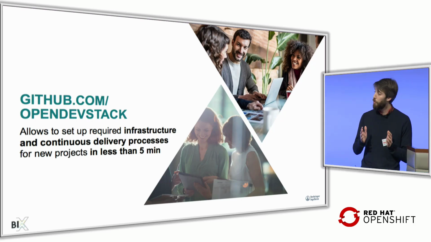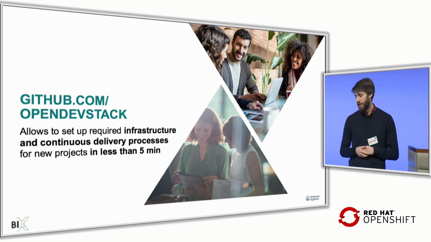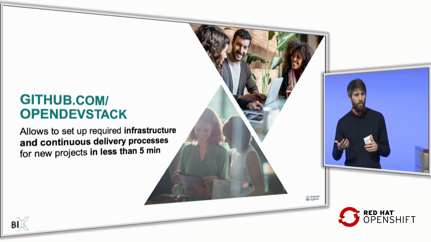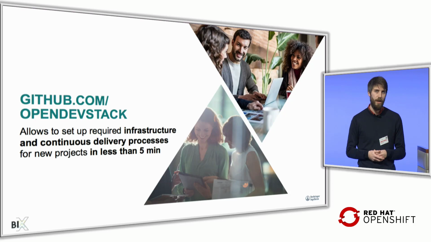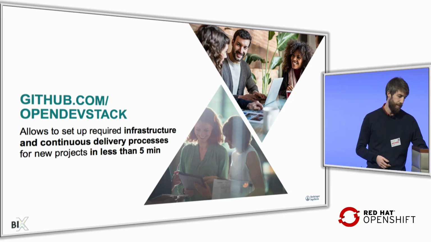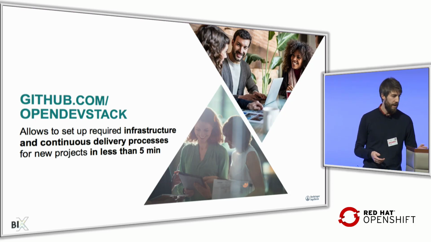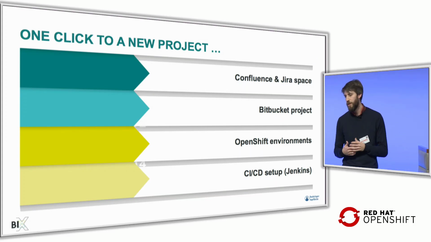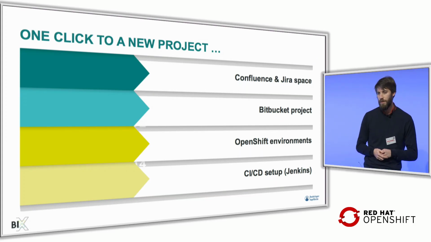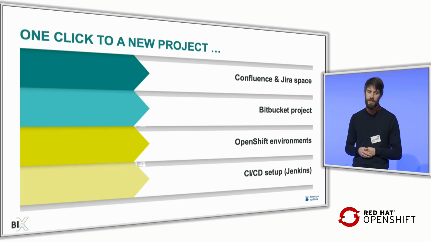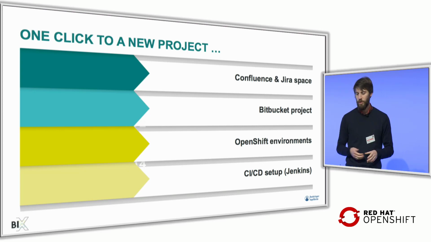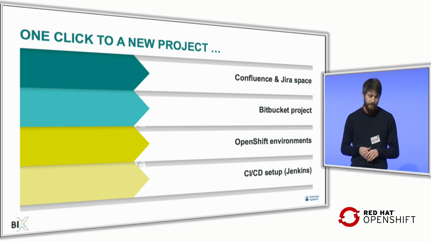Let's step a bit through what you get with Open DevStack, to show you a little bit what it gives you. One part is that you can provision a new project. A new project for us means you will get a Confluence and Jira space set up. You will get an accompanying Bitbucket project set up.